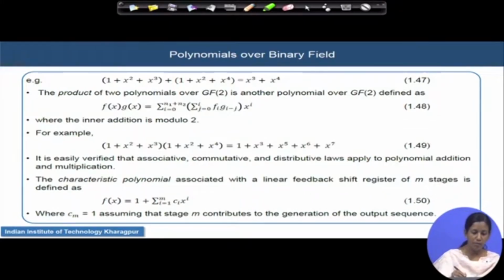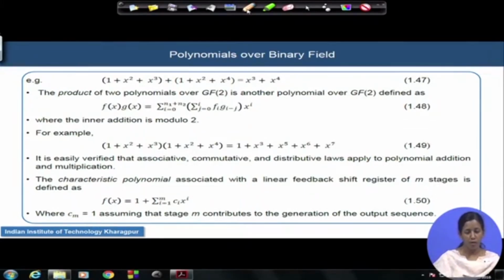Here is the example. Let us have one f(x), suppose 1 plus x squared plus x to the power 3, which has a degree equal to 3, and this is my another polynomial g(x) with the maximum value n equal to 4, degree equal to 4.